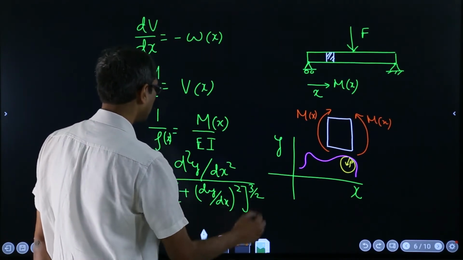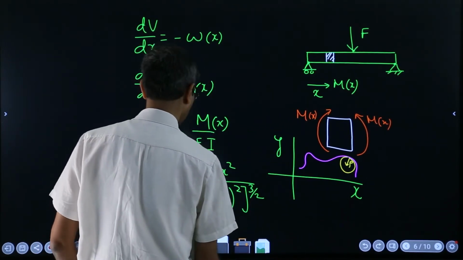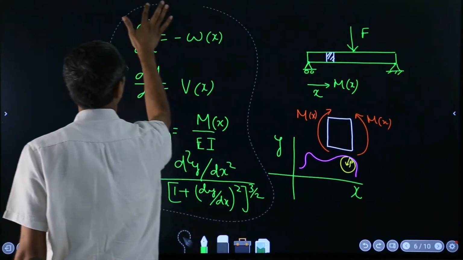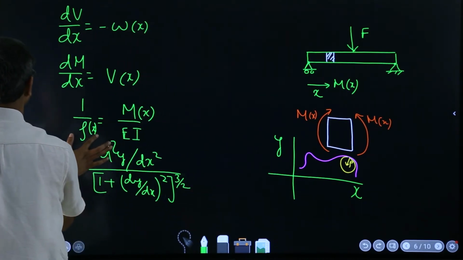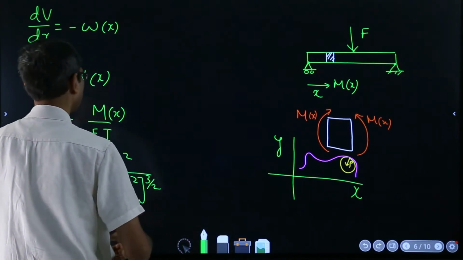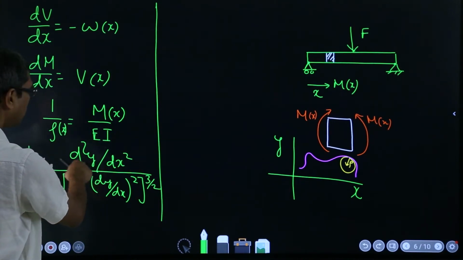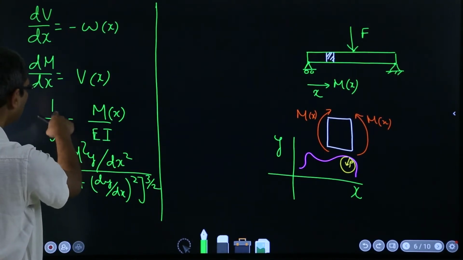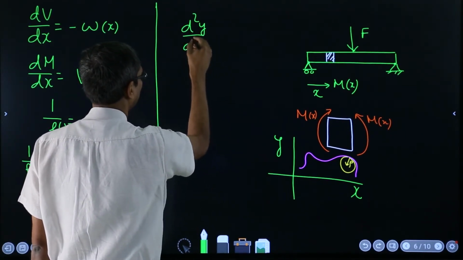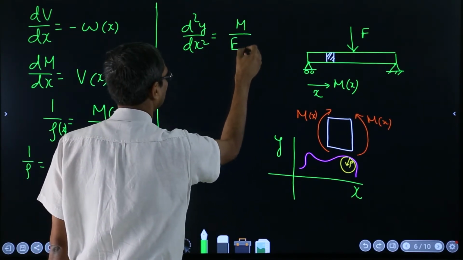So this denominator can simply be neglected, and 1 by rho can now be safely approximated like this, so your d squared y over dx squared is M over EI.